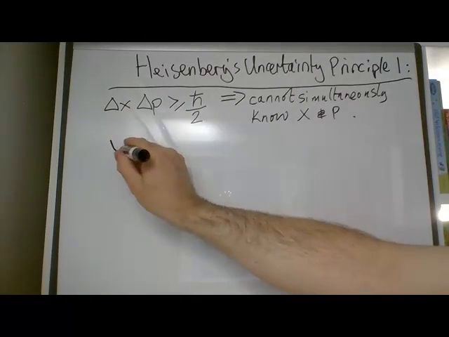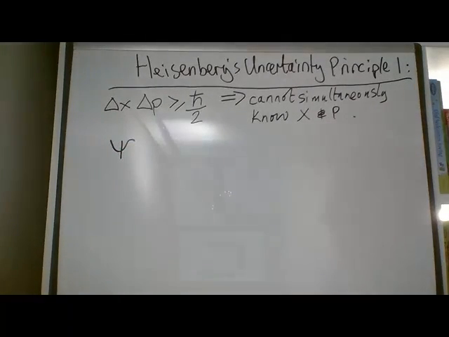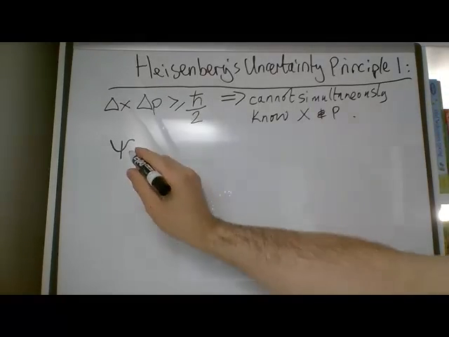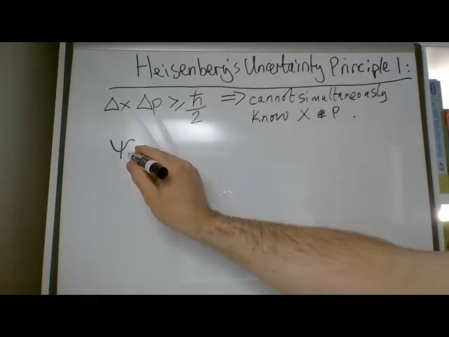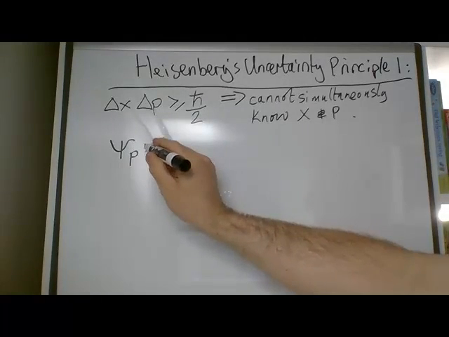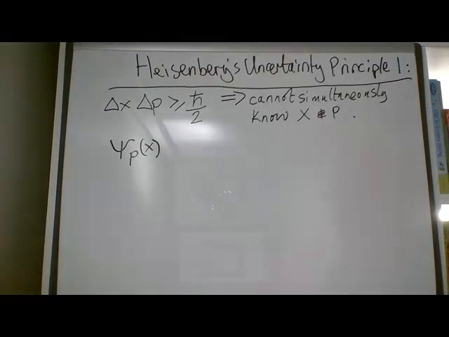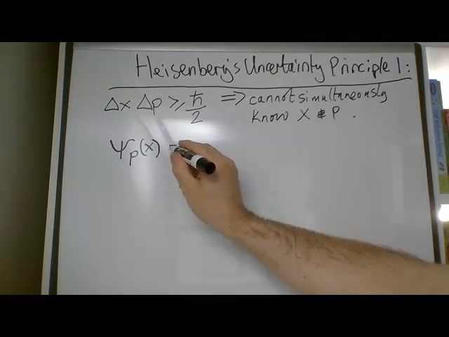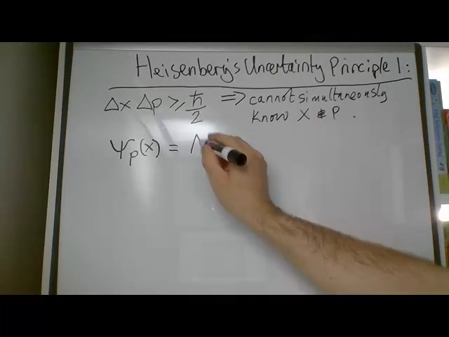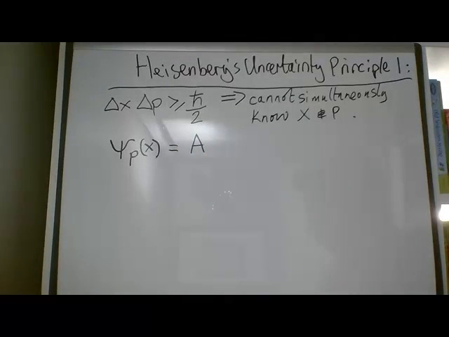A wave equation has a symbol psi, and we want the wave equation for constant momentum at a location x. And this is equal to a constant, let's call the constant a. The constant for our purposes is not really important.